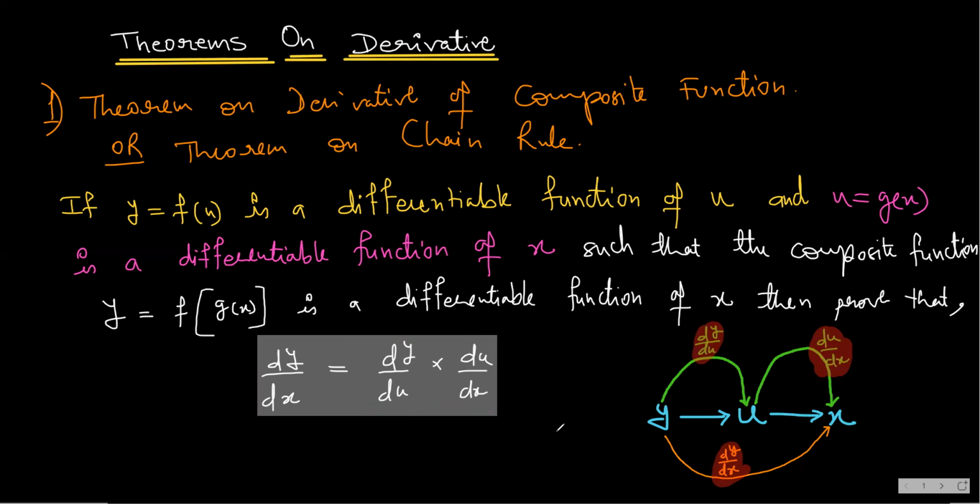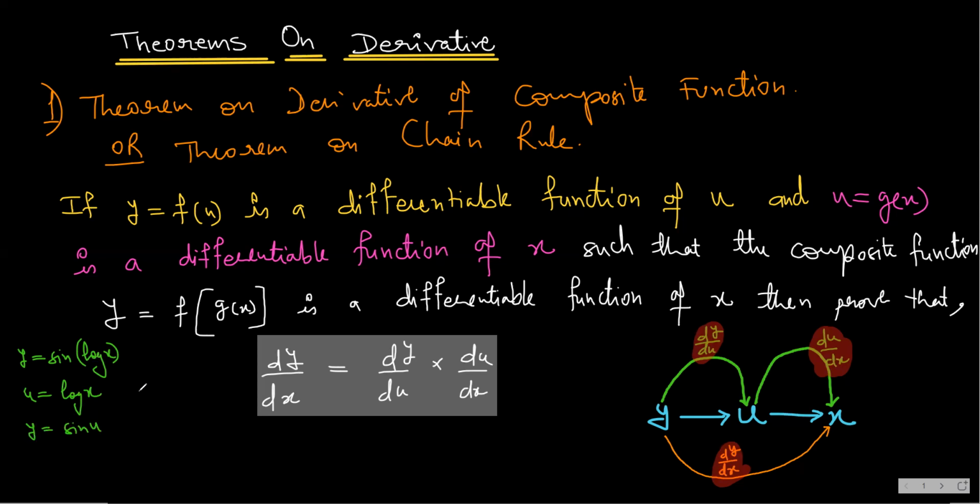So I will now associate that method with this theorem. See what it was. It was y equals sine of log x, right? Now if y equals sine of log x, you take u as log x. You write u equals log x. So what will y become? Y will become sine of u.